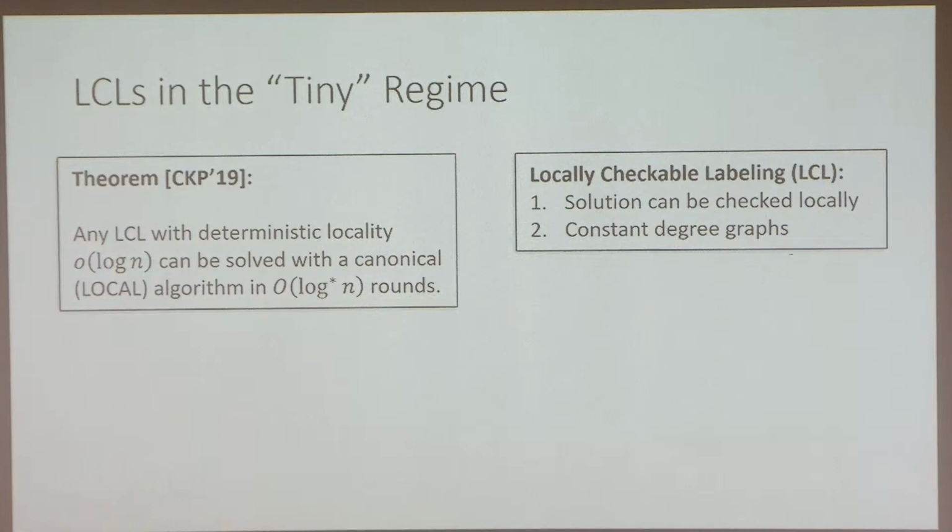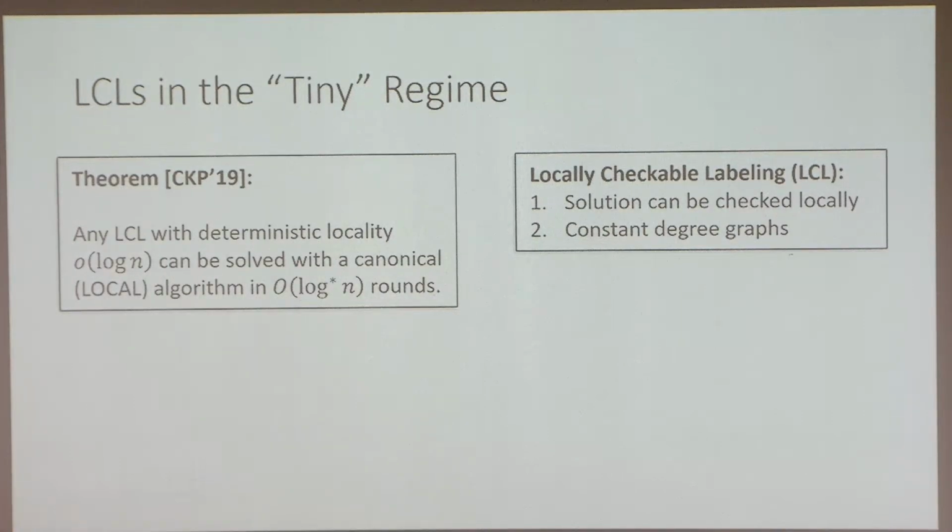We mentioned MIS, maximal matching and LLL problems, where you can locally check whether your solution is correct. If you think about MIS, I can check whether I'm in the MIS or at least one of my neighbors is in the MIS, and whether there are conflicts. Locally checkable labeling problems have this extra restraint that it's only on constant degree graphs.